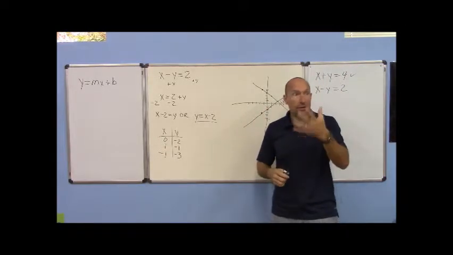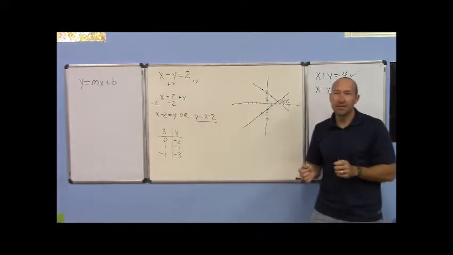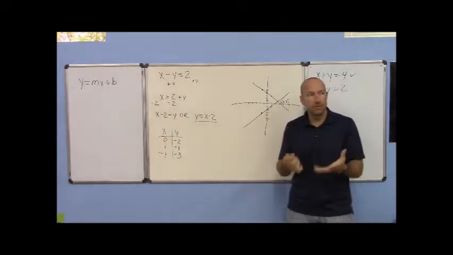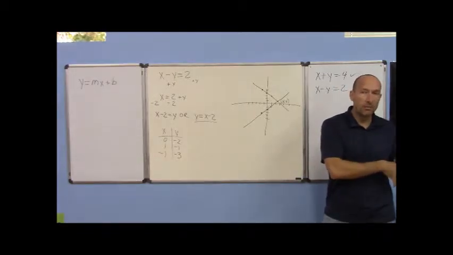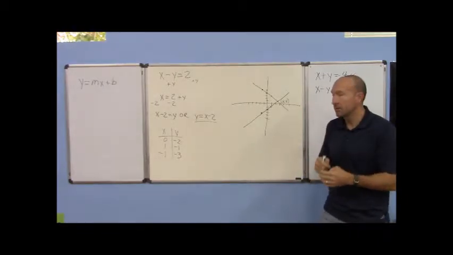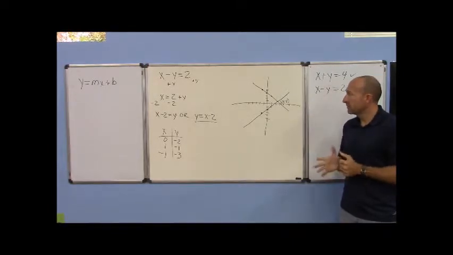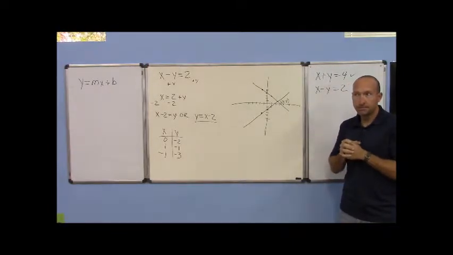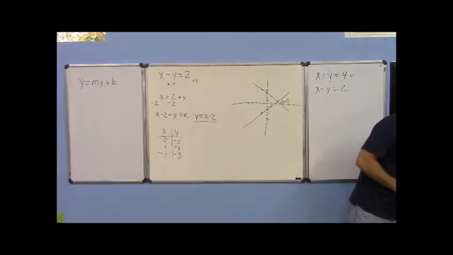Am I seeing it on a 3 when it should be a 3.5? Does that make sense? So graphing gives us that visual idea. However, we will be able to solve with other methods that will be more accurate. So it's just a way of doing this. Make sense so far? Any questions? Okay, so that's graphing. Let's move on to 6.2.